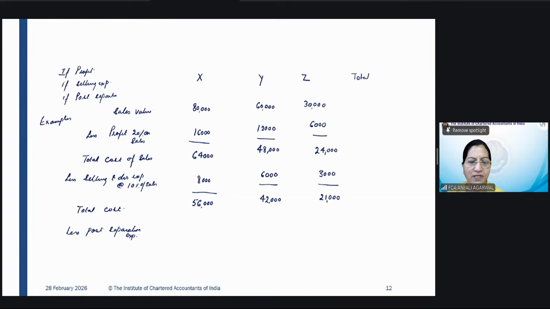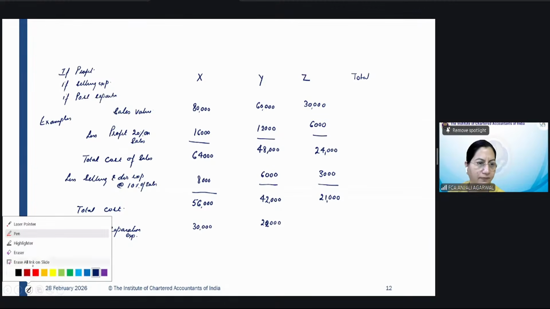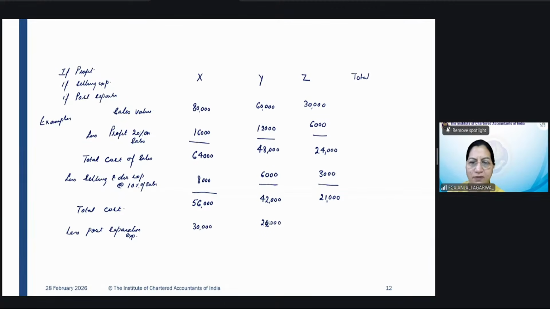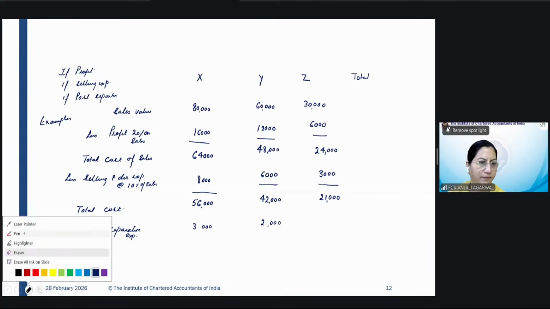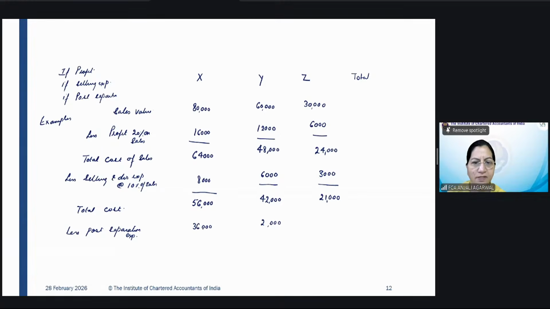So post-separation expenses, let's say, is 30,000, 20,000, or 22,000, to make calculations a little easier. Let's say 36,000 is the post-separation expense, 22,000 is the post-separation expense, and 11,000 is the post-separation expense here.